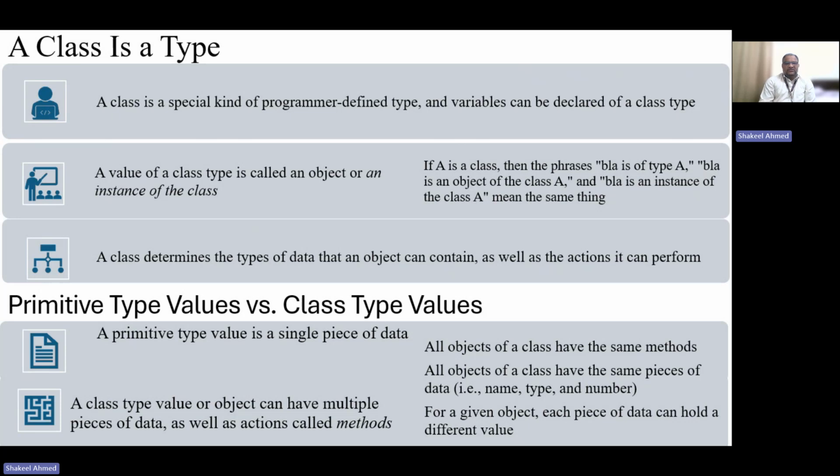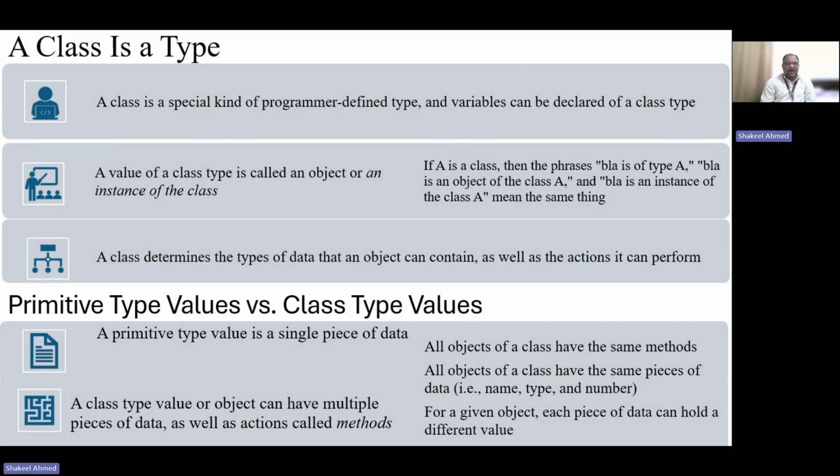A class determines the type of data that an object can contain as well as the actions it can perform. So we need to create a class based on the type of data and the actions or behaviors that it will perform. Earlier we saw primitive type versus class type values.